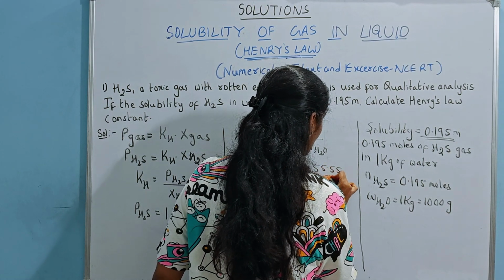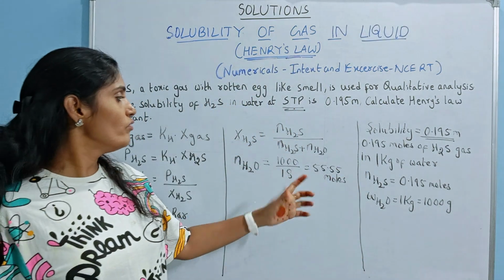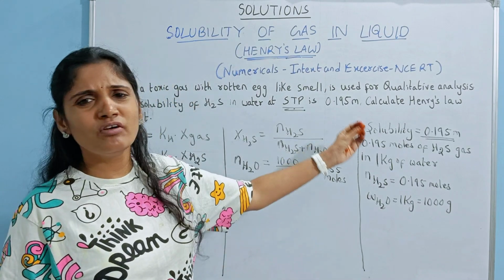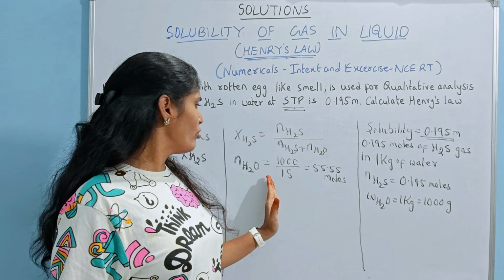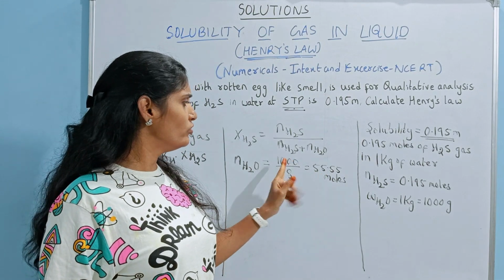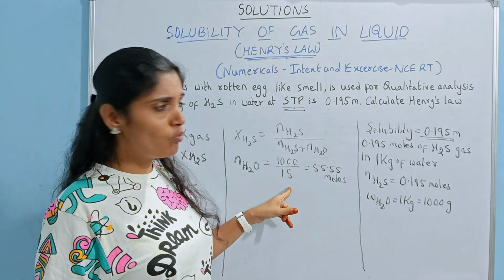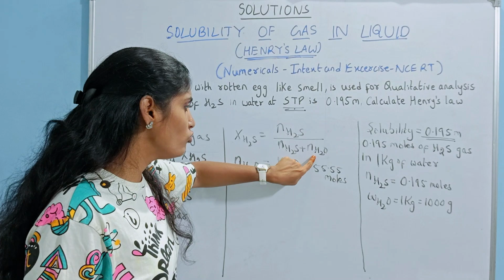It is equal to 55.55 moles. This is a standard value. Usually they give 1 kg of water, so you can remember this. So I got the number of moles of water.